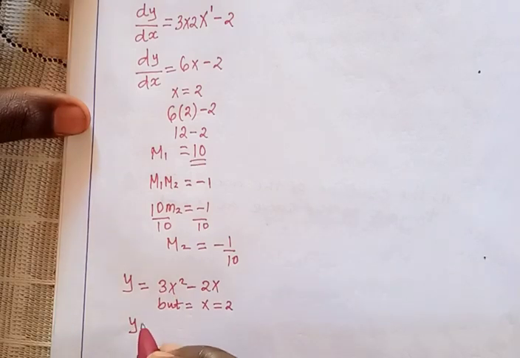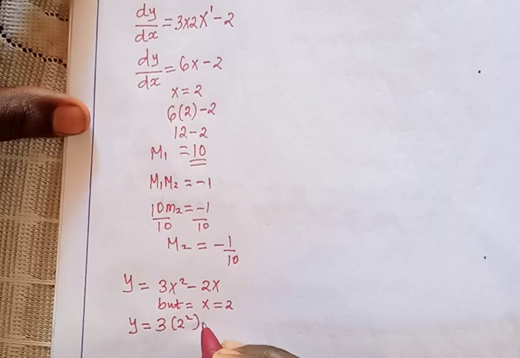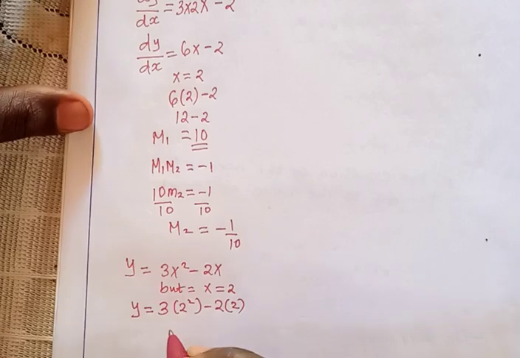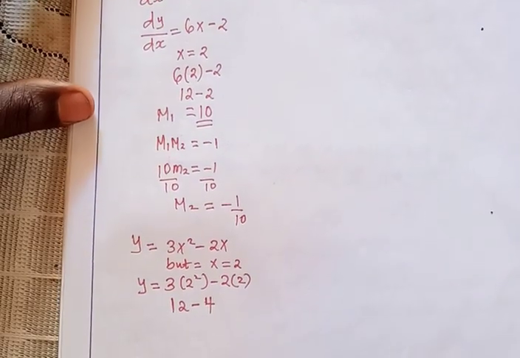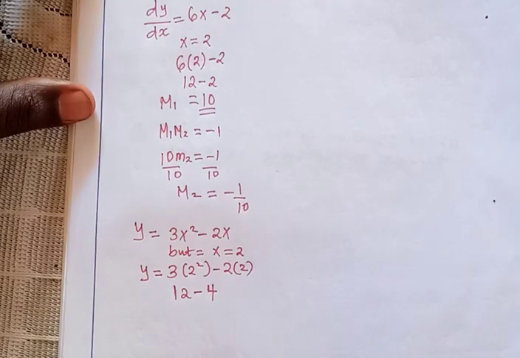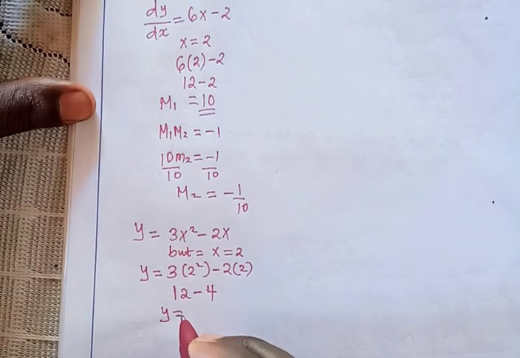So our value for y is going to be 3 multiplied by 2 squared, then take away 2 multiplied by 2. 2 squared is 4, so we have a product of 12, then we take away 4. 12 take away 4 gives the value of y as +8.